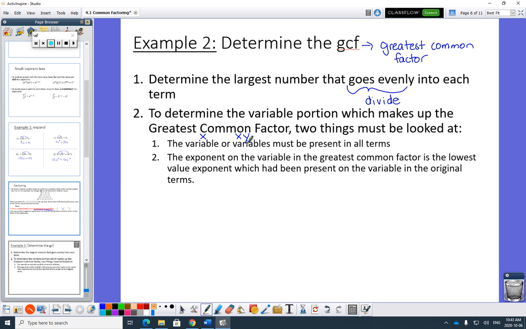When you're trying to find the greatest common factor, look for the lowest value exponent. Even though this is 10 and this is 6, this is the lowest, so this determines the greatest common factor.